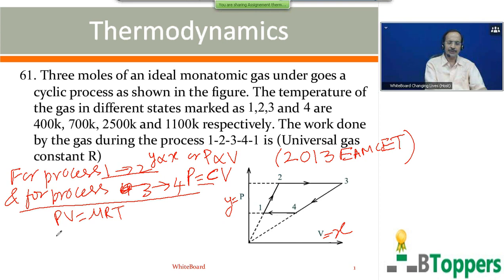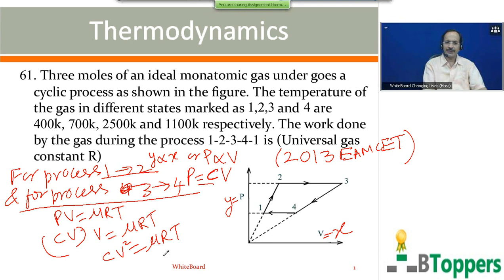So we can substitute P equals CV here, and you get CV square equals mu RT.